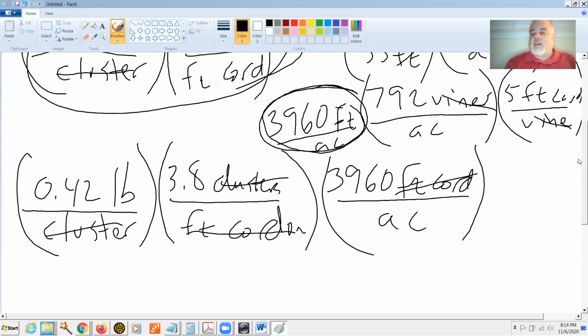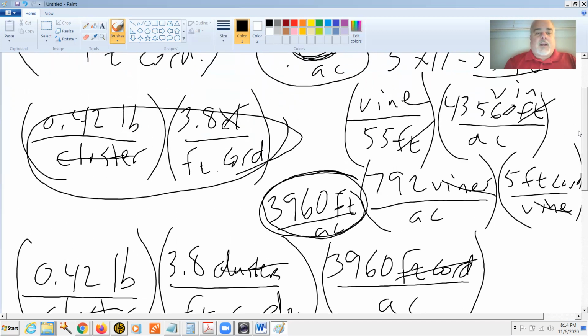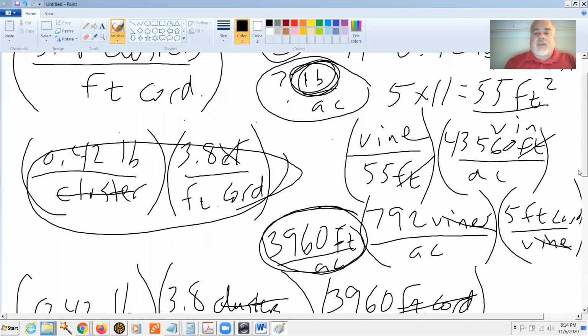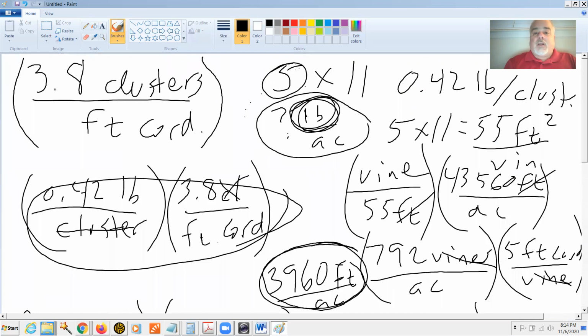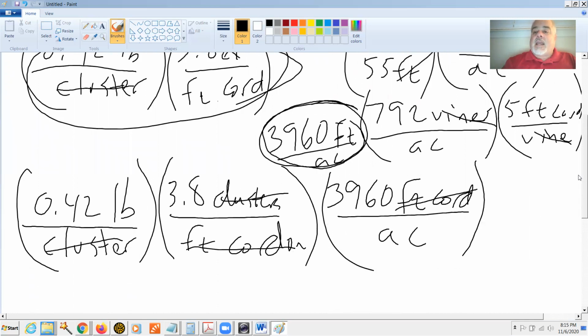I haven't done any math on anything except figuring out the feet of cordon per acre. I wasn't given that. I was only given the layout, 5 by 11. I had to take that 5 by 11 and do something with it. I needed the feet of cordon per acre in the field. Once I put that there, I'm done.